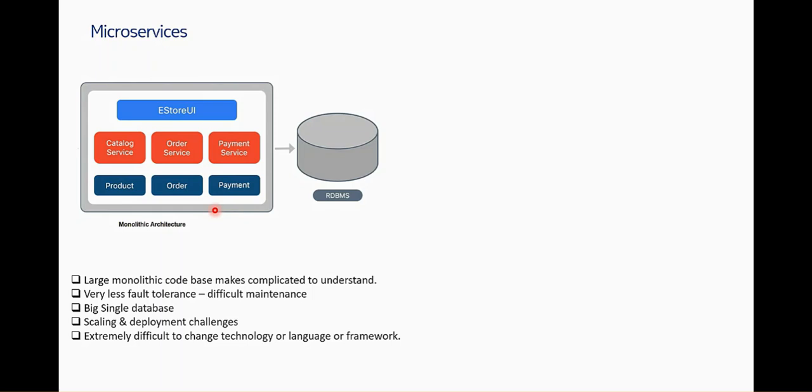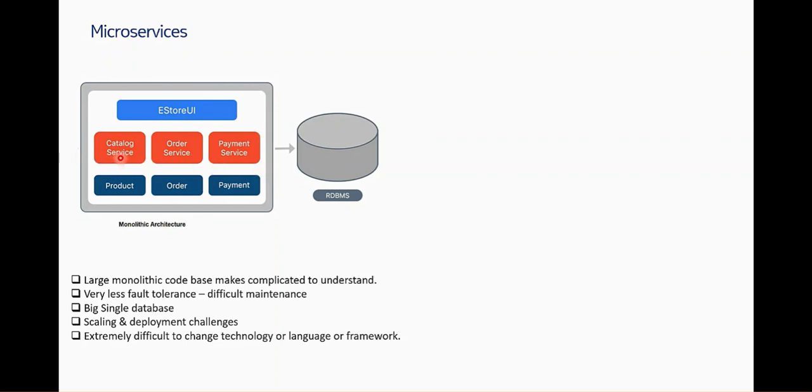It is also extremely difficult to change technology, language or framework. Let's say you want to recode this application from Node.js to some other language, let's say Python, or from Python to R, or from R to anything else. That is very difficult because you have all your catalog services under one code.